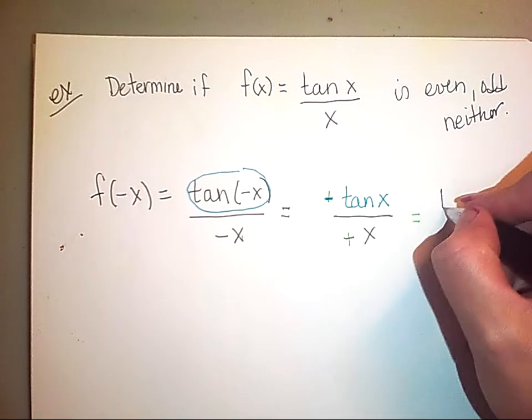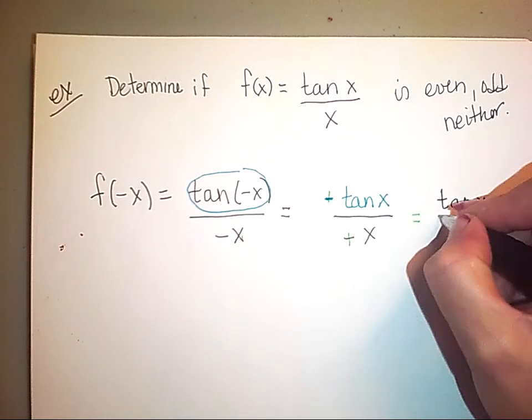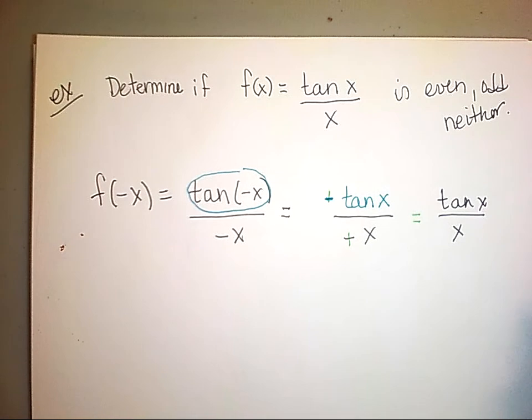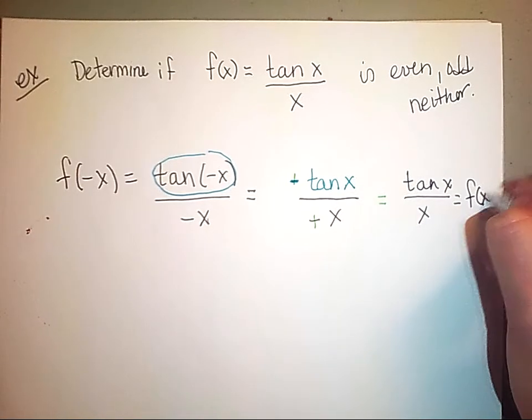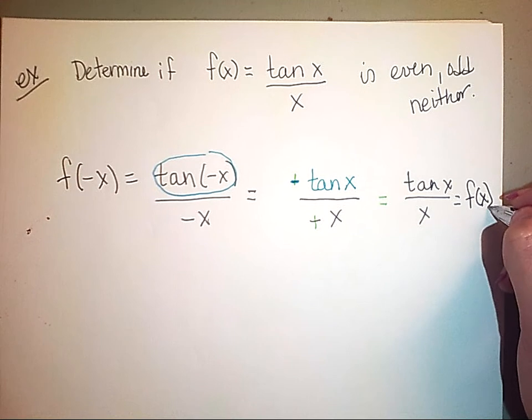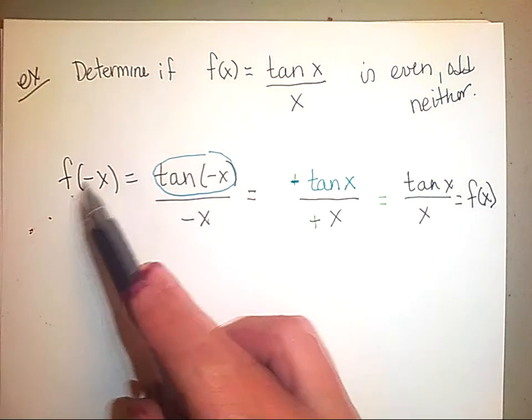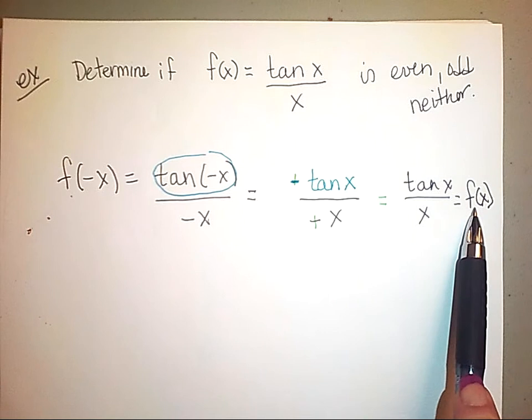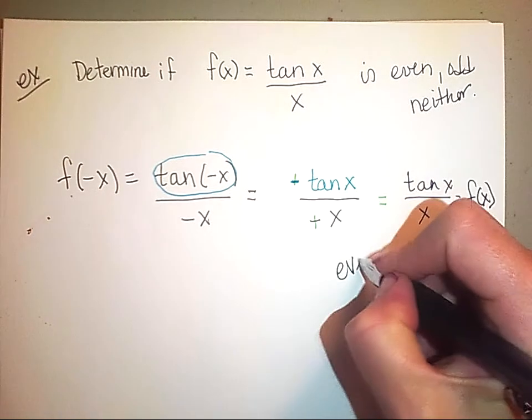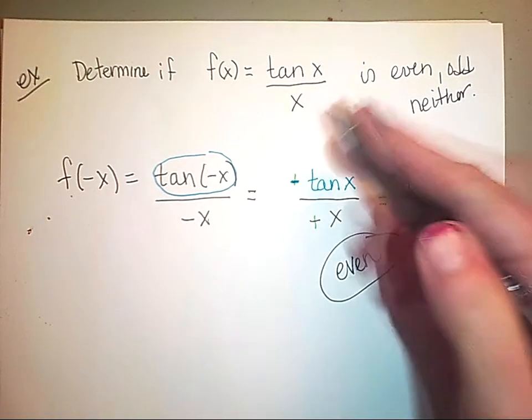So this is just equal to the tangent of x over x, and that is equal to our original function. So if when we evaluate the negative angle we get the original function back, then this is even. So therefore this is an even function.